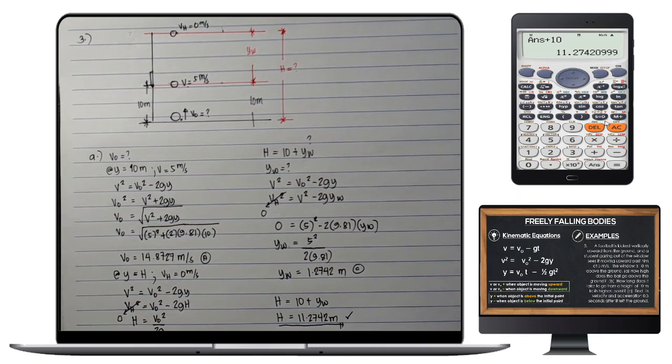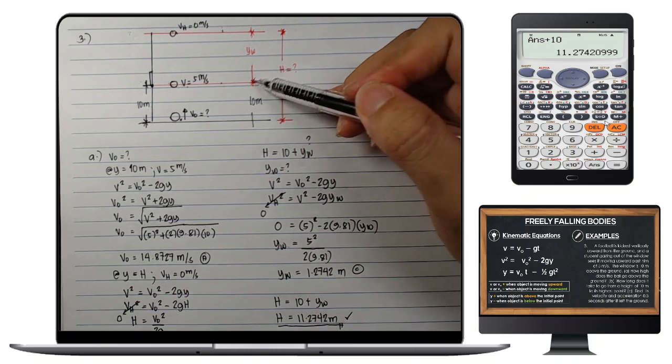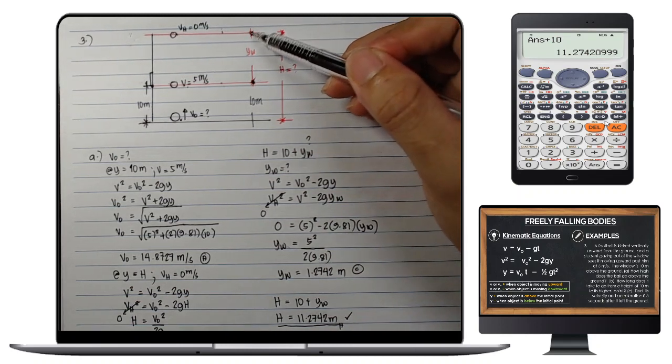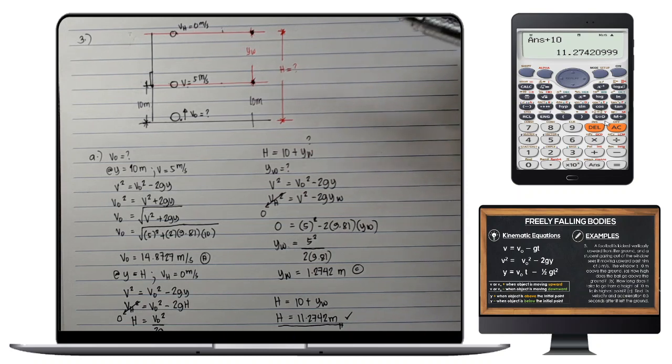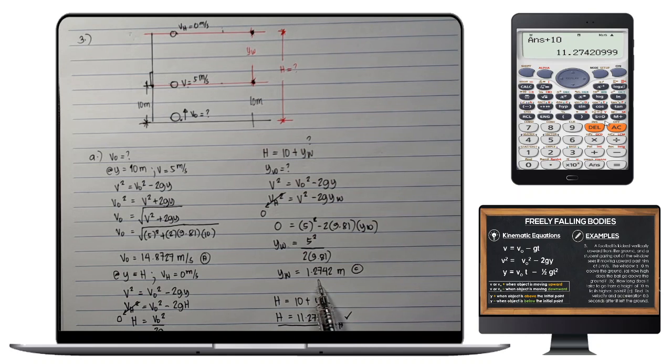So, next, pinapahanap sa atin for letter B. For letter B, how long does it take to go from a height of 10 meters to the highest point? So, ibig sabihin, from this height of 10 meters to the highest point. So, parang sinabi lang sa kanya, how long does it take to travel y sub w, or yung ating 1.27.